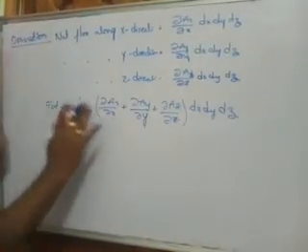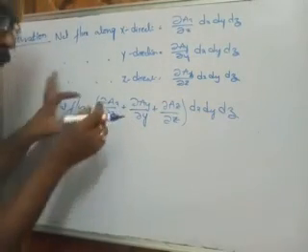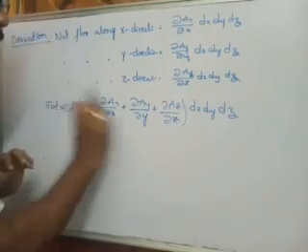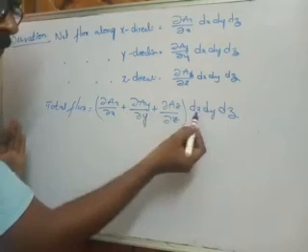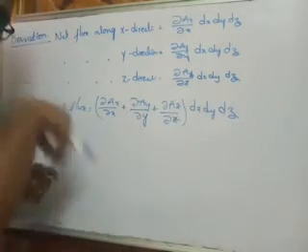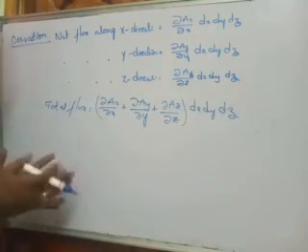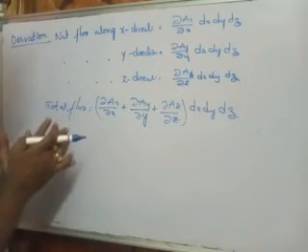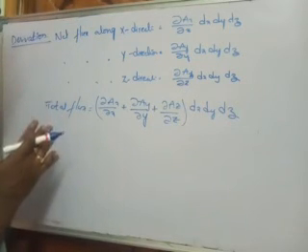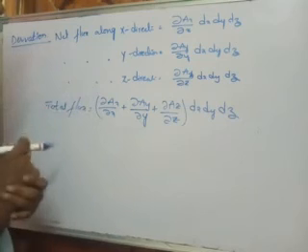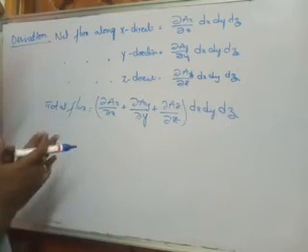So this is the total flux through the small volume element, whose volume is dx dy dz.